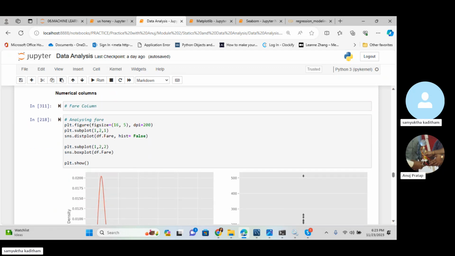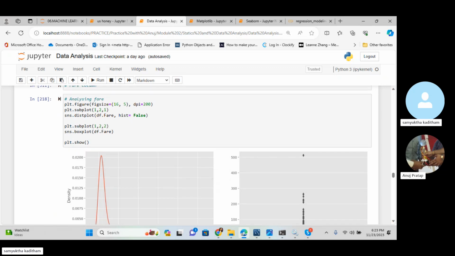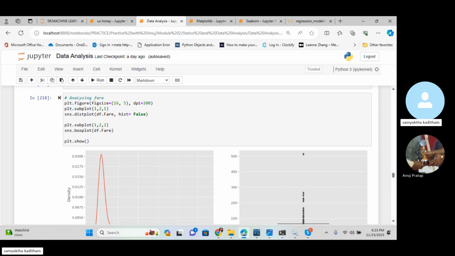Numerical columns we are taking first. The fare column is a numerical column. For analyzing fare, we are taking two plots: one is the distribution plot, one is the box plot.